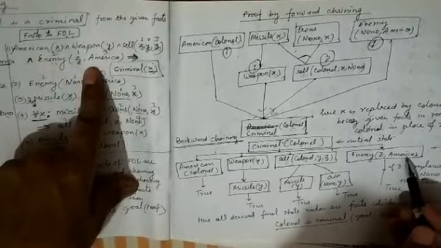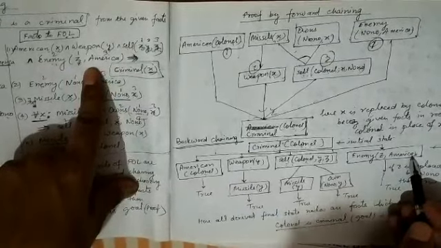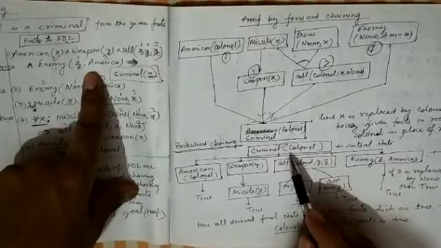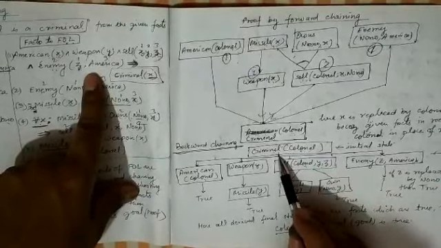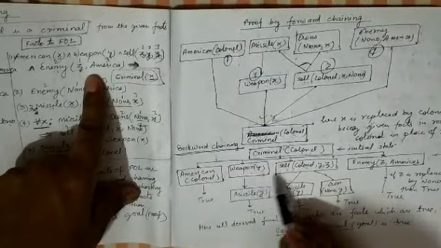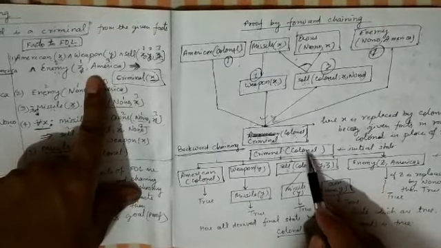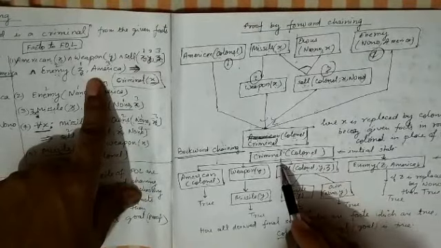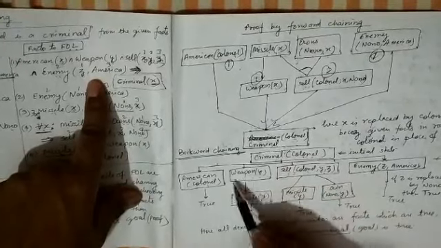So this is our conclusion part, and by using inference rule 1, we are able to find the facts corresponding to this inference. For this conclusion the available facts are these 1, 2, 3, and 4.